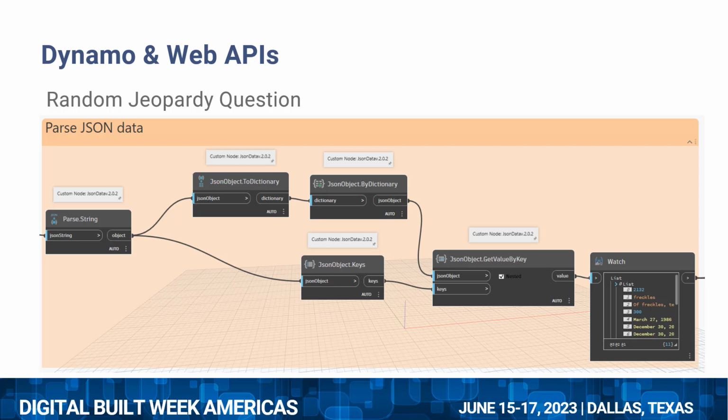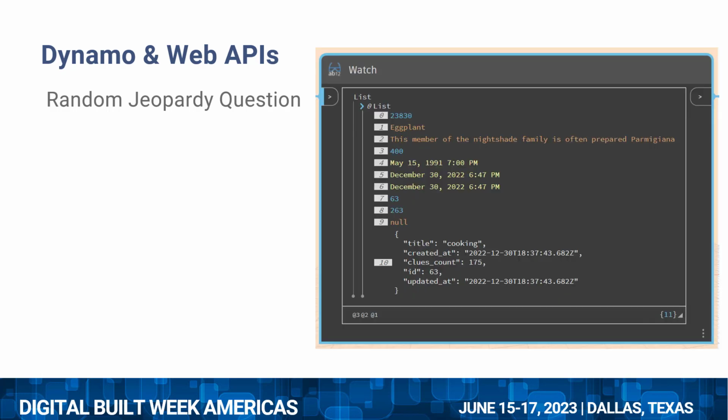And of course, there's a package for that, JSON data. And this allows me to take that data and put it into that lovely example that we see there in the watch window, which if you zoom in looks like this. And so then through a little investigation, you learn that index 2 is the question, index 1 is the answer, and index 10 includes the category.